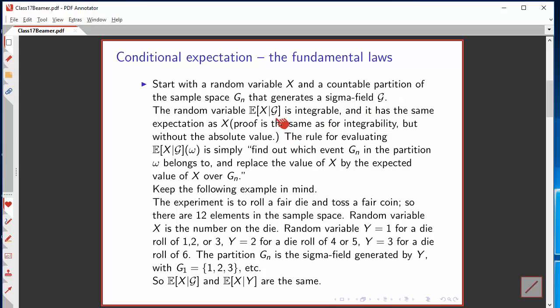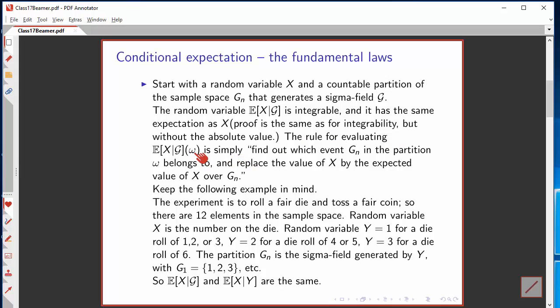The conditional expectation, X conditioned on this sigma field, is a new random variable. It's not hard to prove, though we're going to skip the proof, that it's integrable. And let me remind you what the rule is for evaluating this random variable.